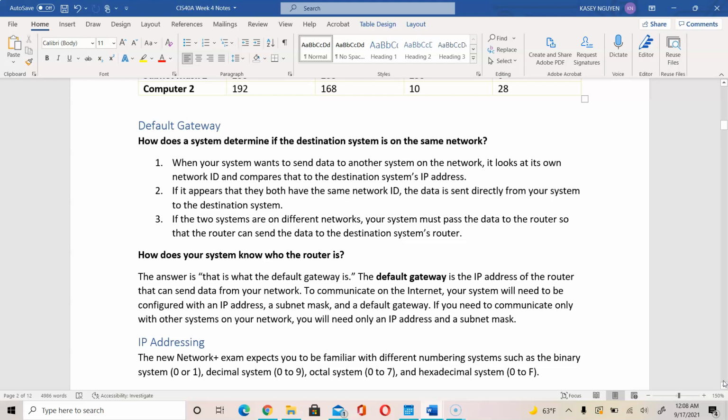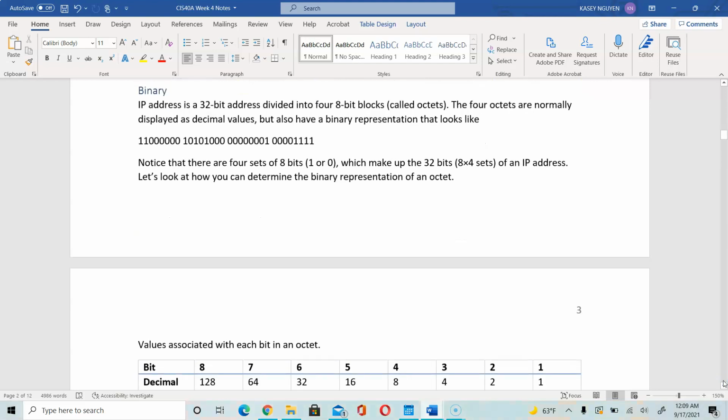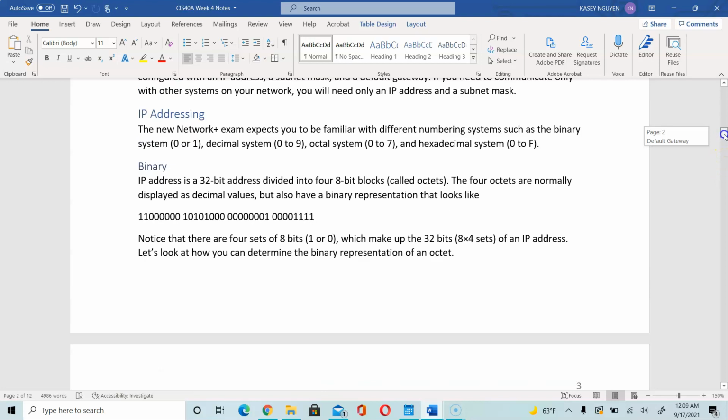Now, when the system receives your configuration and IP address, it converts everything into binary. So all your decimal values, which is what you see as normal counting numbers, would need to be converted to 0s and 1s, which is binary.